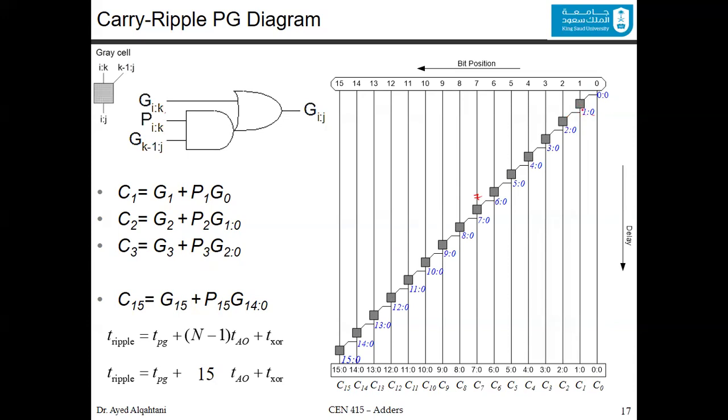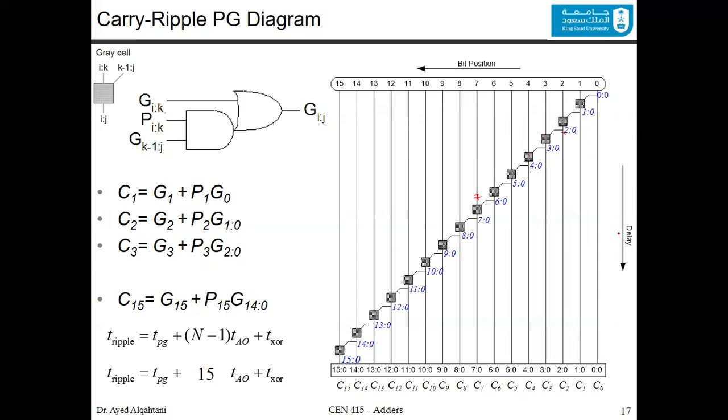If we want to continue, 0 and 1 concatenated with 2 gives 0 to 2, 0 to 2 with 3 gives 0 to 3, 0 to 3 with 4 gives 0 to 4. And notice that we are pushing this gray cell to the bottom at every stage. This is why we have this depth in the vertical direction, which actually represents the delay.